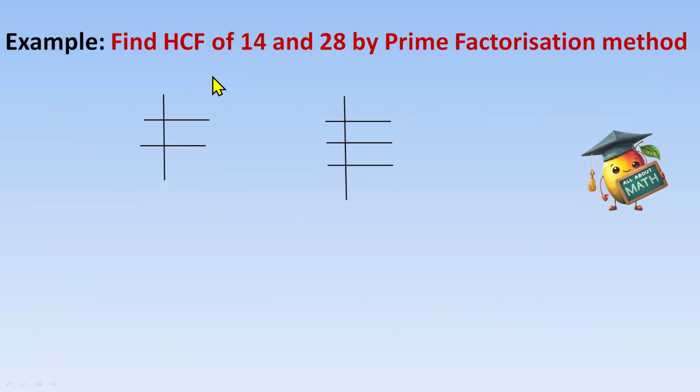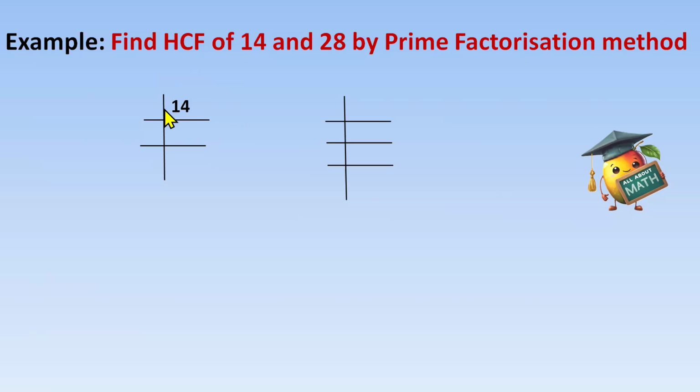Now let's see an example. Find HCF of 14 and 28 by prime factorization method. So first, the prime factorization method is like this. We'll draw a vertical and a horizontal line. For 14, I'll write 14 here. Now I need to check 14. First, I'll use the prime numbers only. The first prime number is 2.